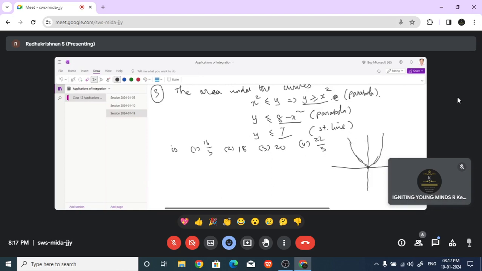So y greater than or equal to x square will be all the areas inside this parabola. Okay. Now, y less than or equal to 8 minus x square means we have to plot y equal to 8 minus x square. How will it look like? Where is the vertex of that?